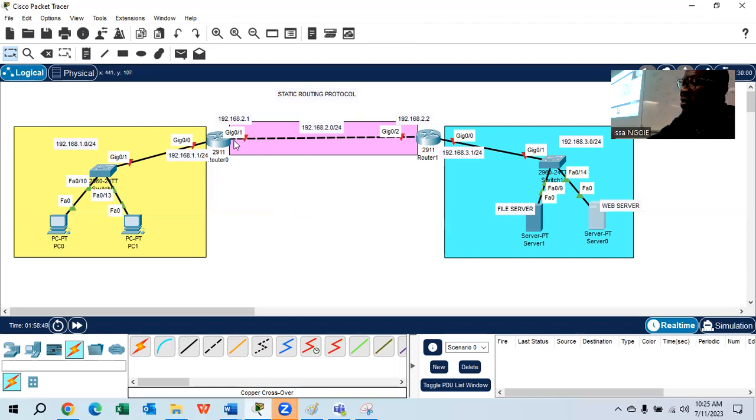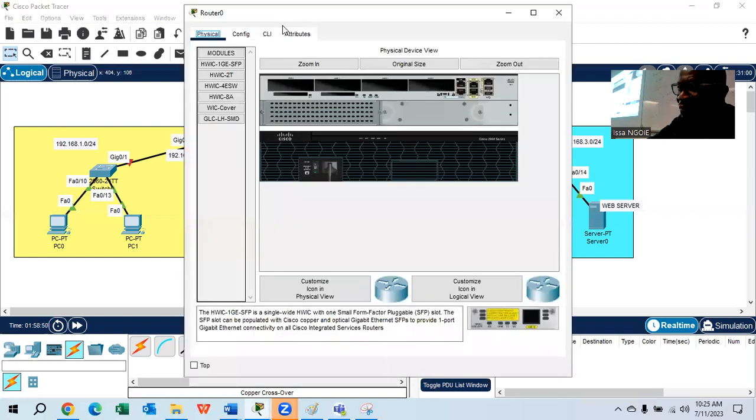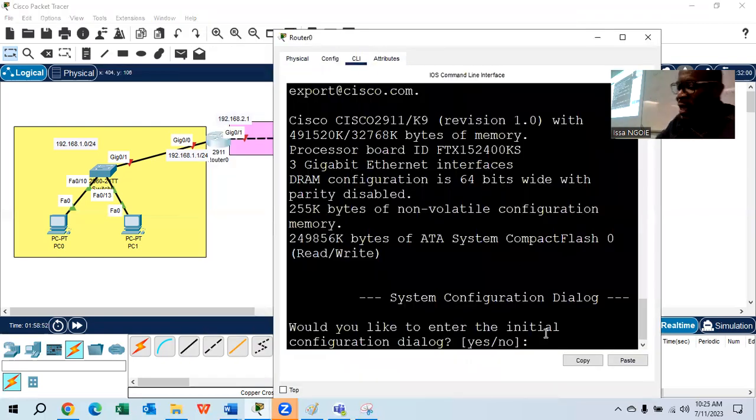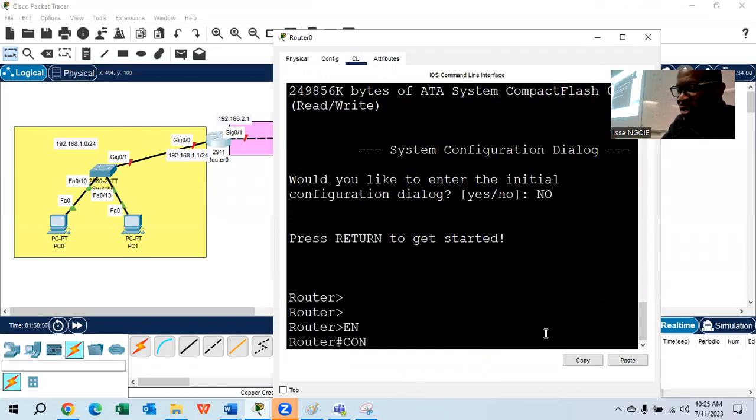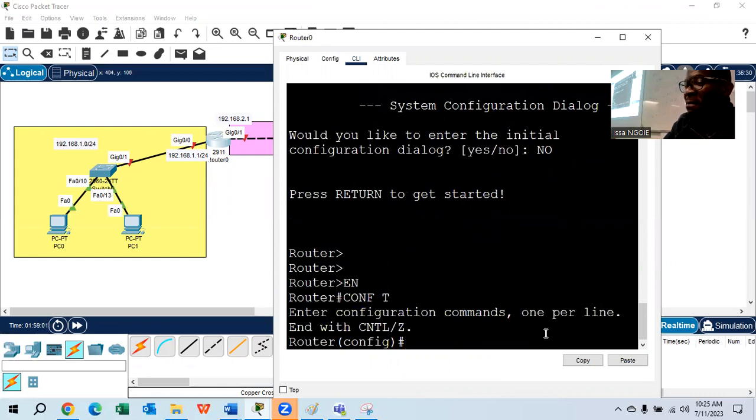Let's assign them the IPs. So you go to your router, CLI, enable, configure terminal, or conf t. Interface gigabit 0/0, this one, right?